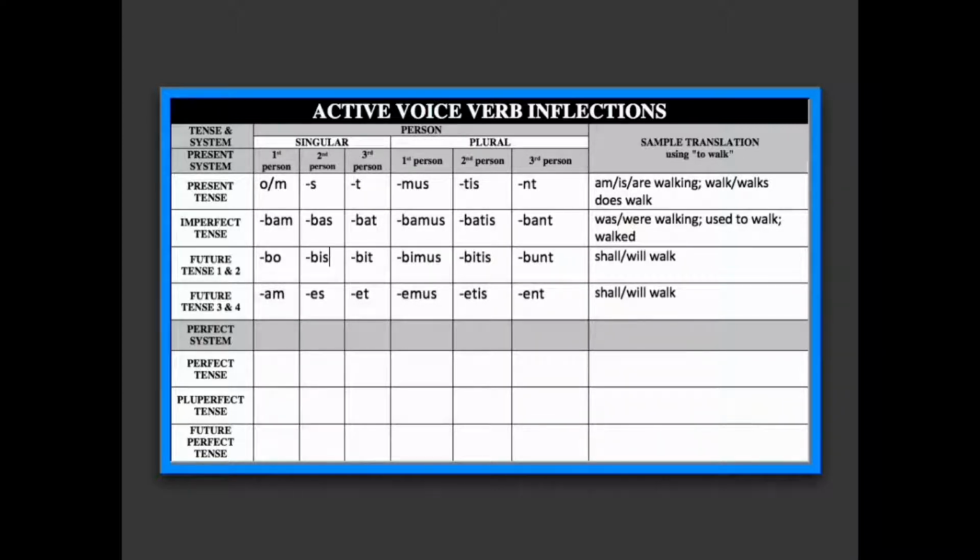Of course, the future tense is in the future, and you should notice that there are two different sets of endings that you might see on words. We'll talk about when we should use the two different sets when we're ready to write verbs into Latin. For right now, understand that the future tense, when you're reading, will be easily recognized because of clue words in the sentence that help you to understand that the action is in the future.